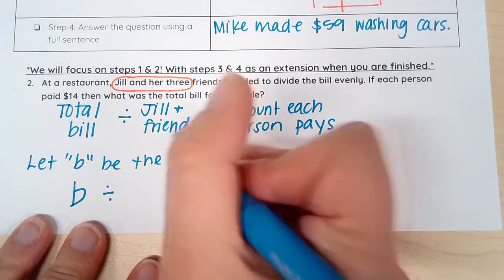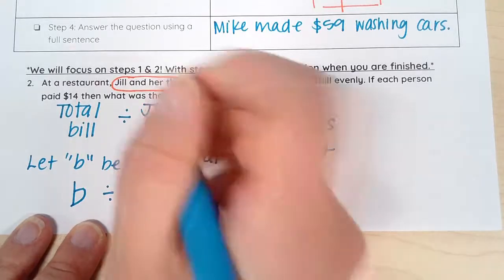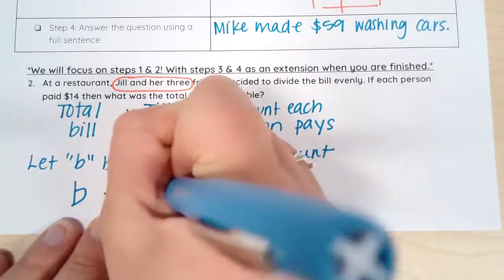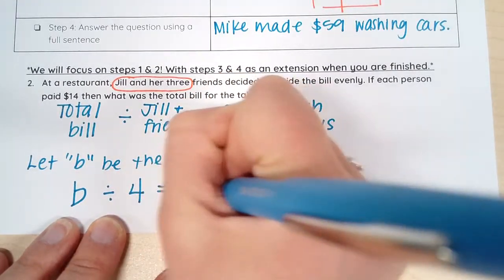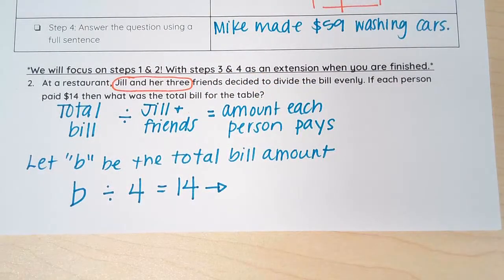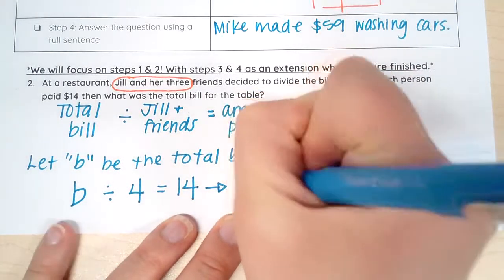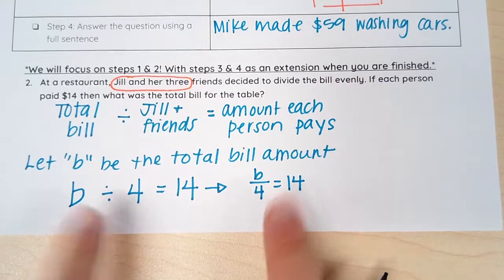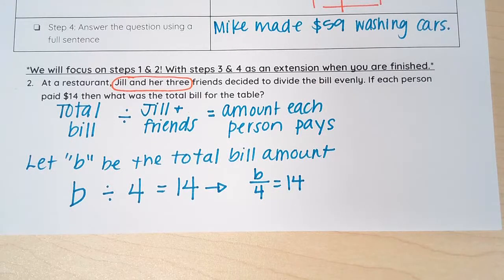Well, I would divide by 1 plus 3, which is 4. And then that's going to equal 14. Now we know the best way to write an equation with division would be this, but both of these will work.